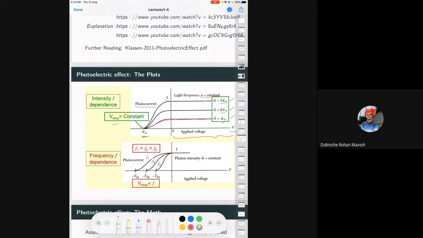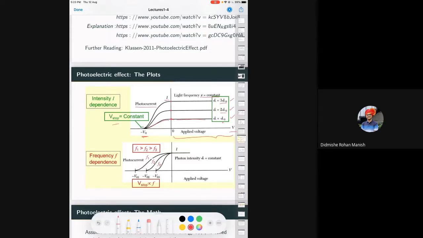Then the next set of experiments was, you keep the intensity the same, but you change the frequency of the incident light. Okay. And then again, you record the same thing. You record the current for a range of voltages. So what is the observation?